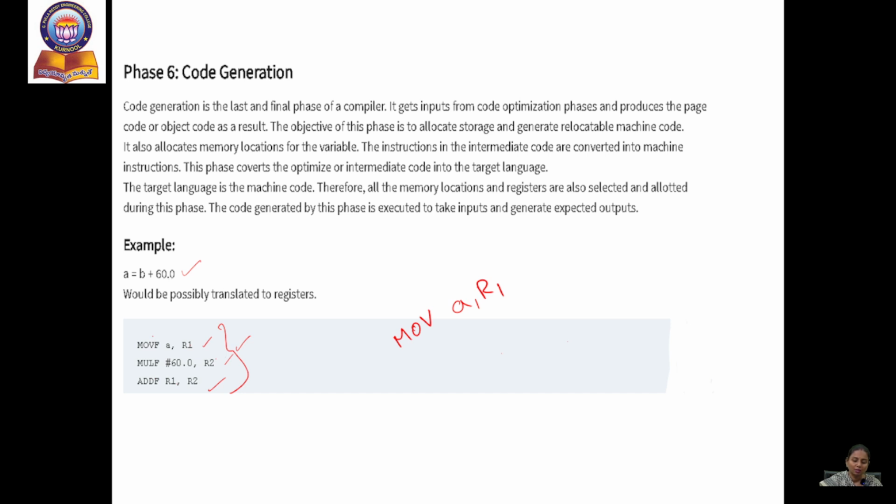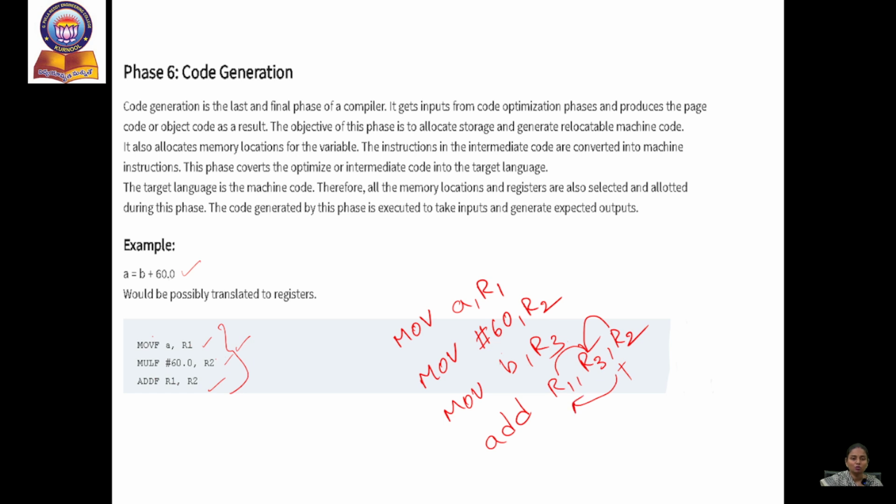So now we can have move, then add R1 comma R3 comma R2, so that the R2 value will be added to R3, and the result of the addition of these two will be stored in R1.